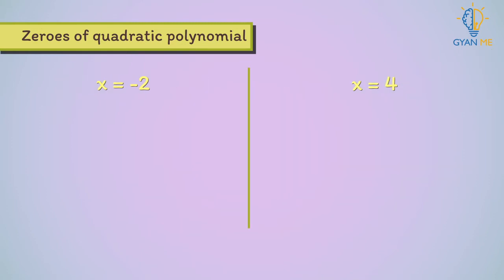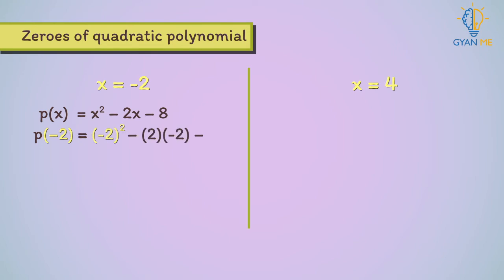Let us see the polynomial after putting these values. In the first case, where we replace x by minus 2, we get the expression p of minus 2 equal to minus 2 raised to 2 minus 2 into minus 2 minus 8. On solving, 4 plus 4 minus 8, we get 8 minus 8 equal to 0.